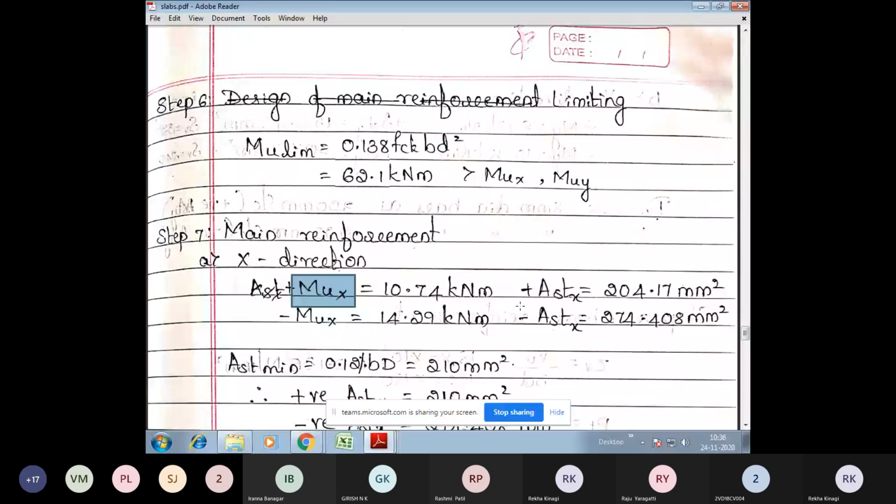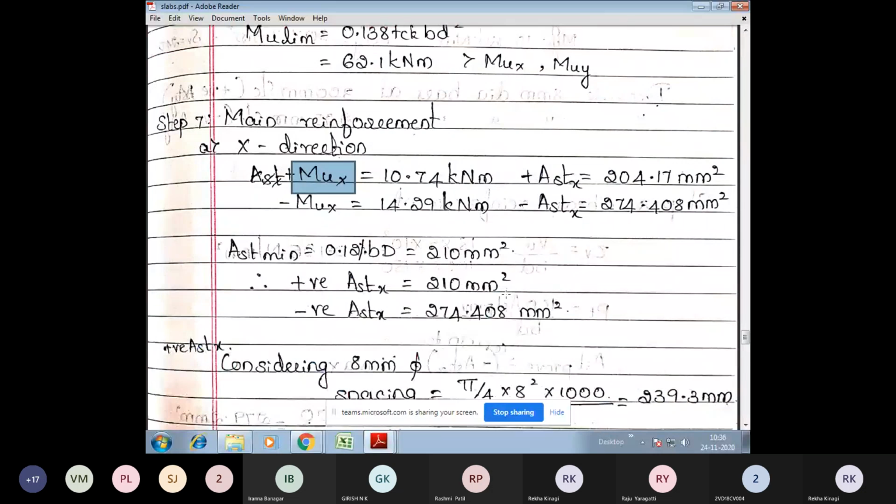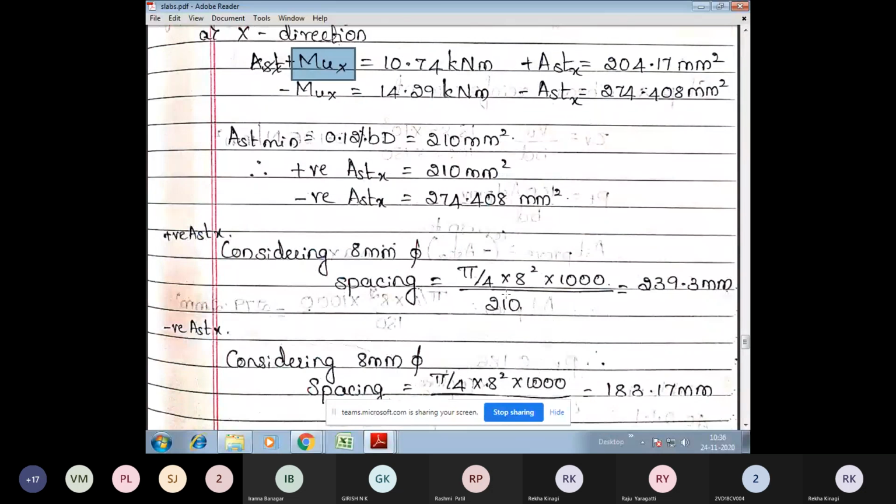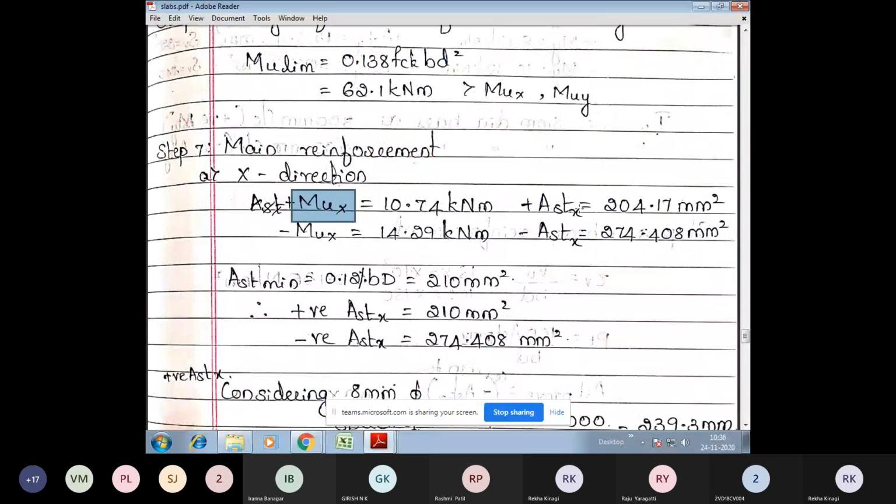And if it is negative Mux, then we'll consider the corresponding reinforcement as negative Astx. And in a similar way, we'll be considering the Y direction also. So here we have Astx as 204.17 mm square as well as 274.4 mm square.